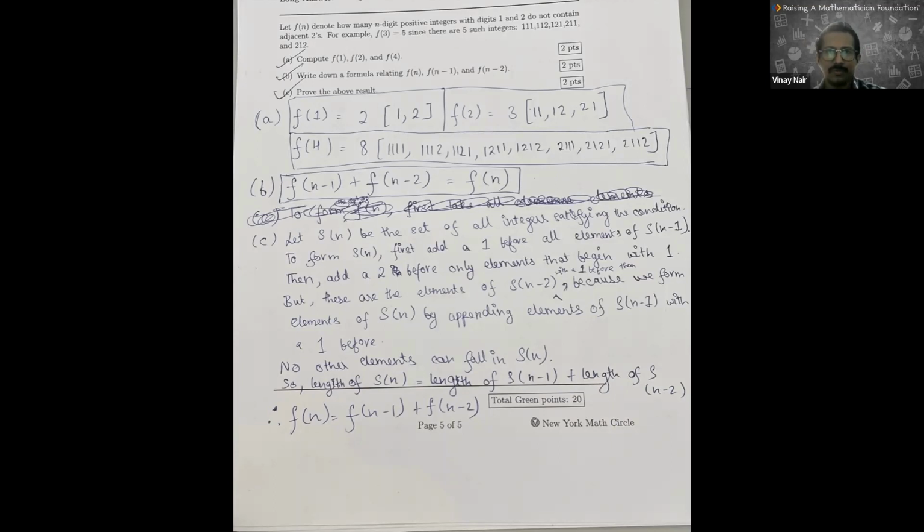Oh, so the number of digits in this is constant. Okay, and how many digits do not contain adjacent 2's? Sorry, I didn't get this. F of 3 is 5.